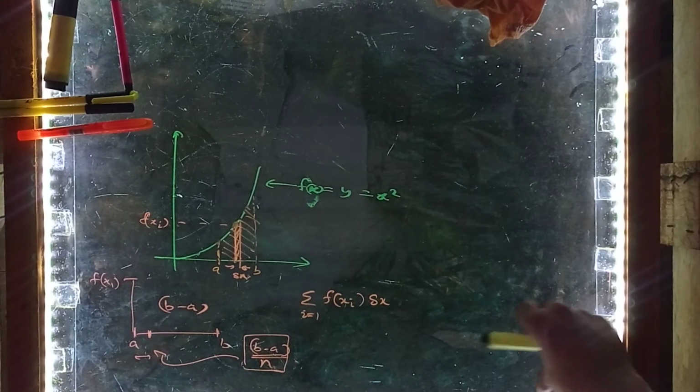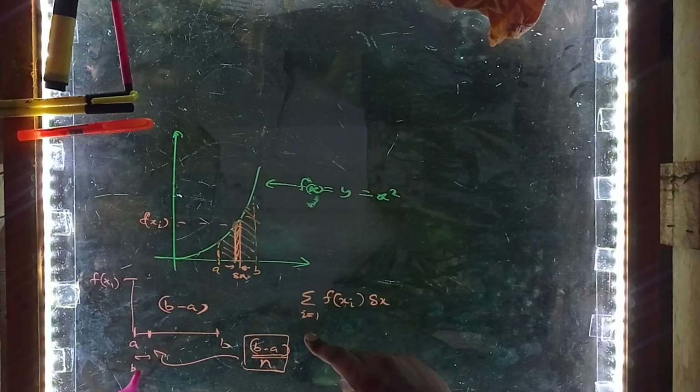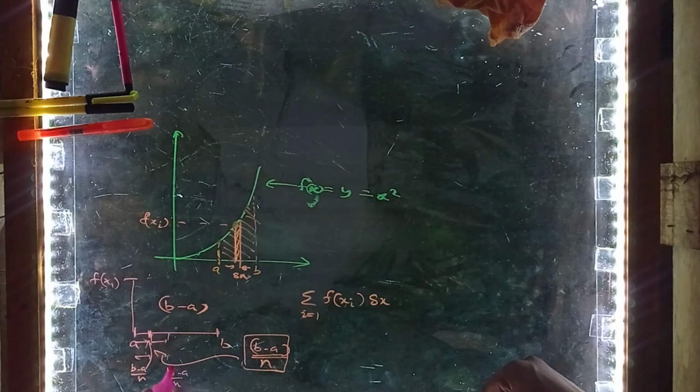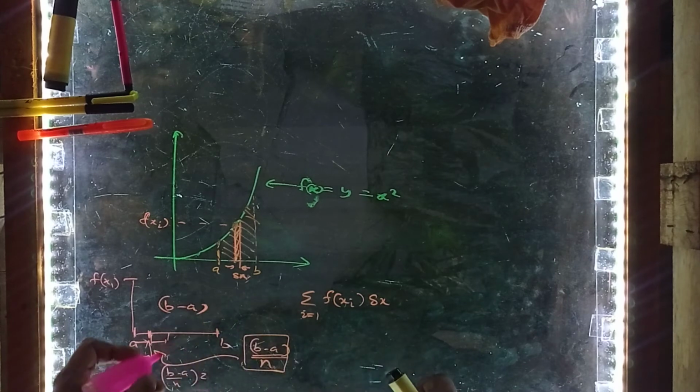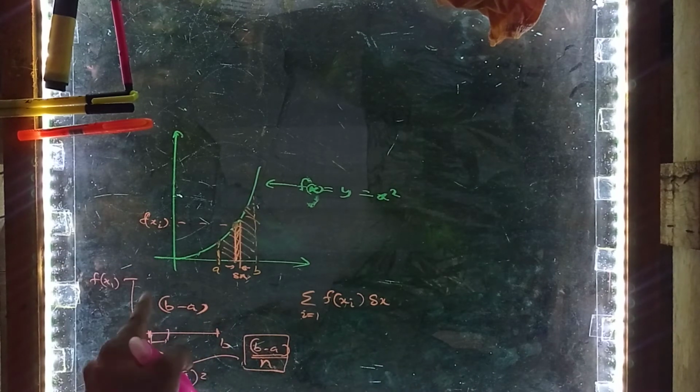Let me do it. b minus a upon n, and here also b minus a upon n times i, because the codomain will change after this function.